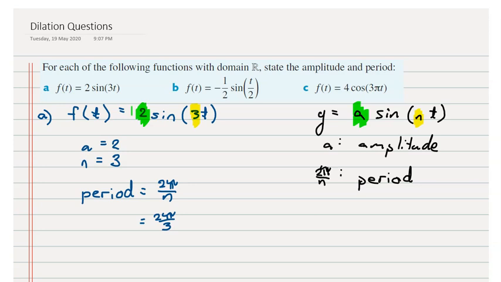So our period will simply be 2 pi over 3.